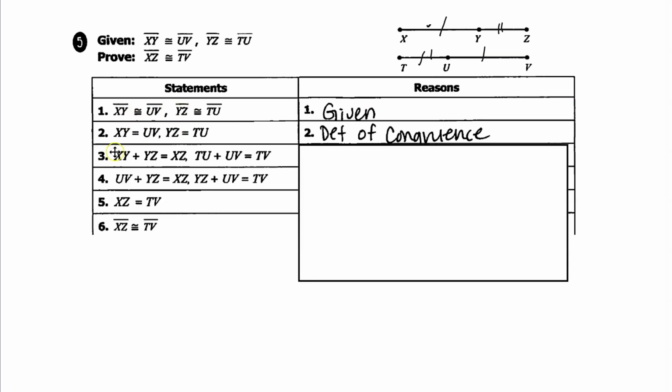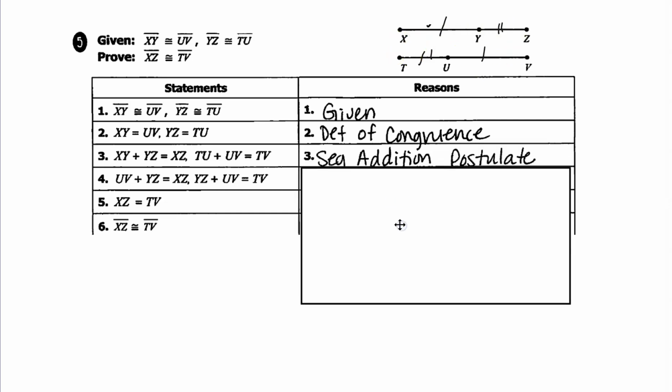Then it says that XY plus YZ is going to equal XZ. Well, let's look at it. XY plus YZ equals XZ. That's addition, right? The segment addition, same thing here. Then it says that UV plus YZ is going to equal XZ, right?